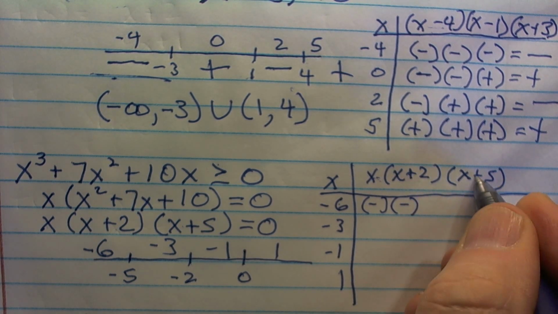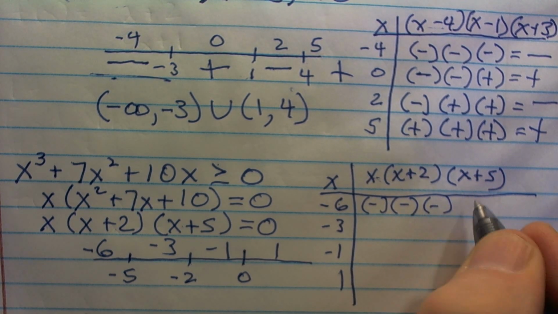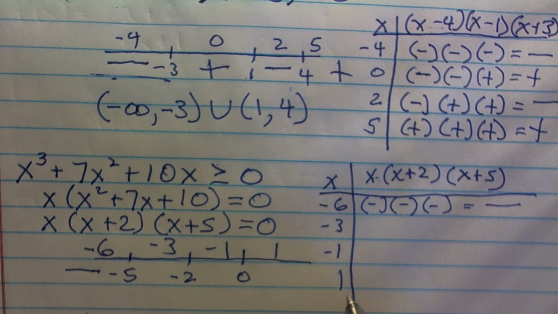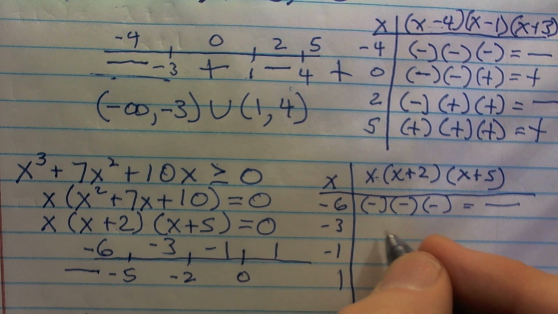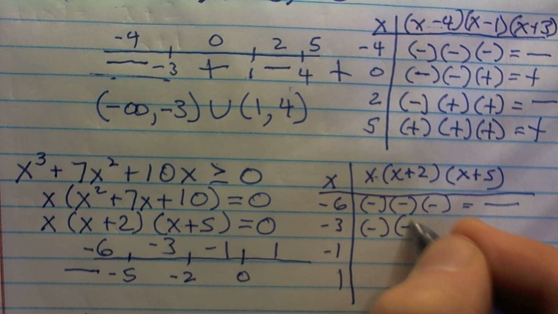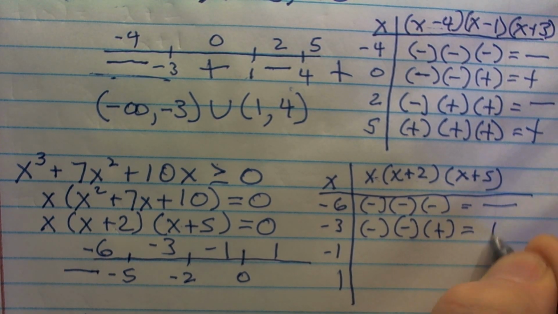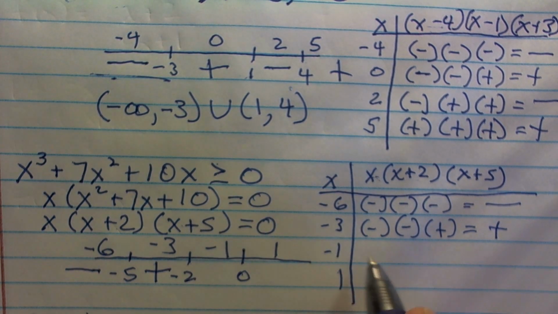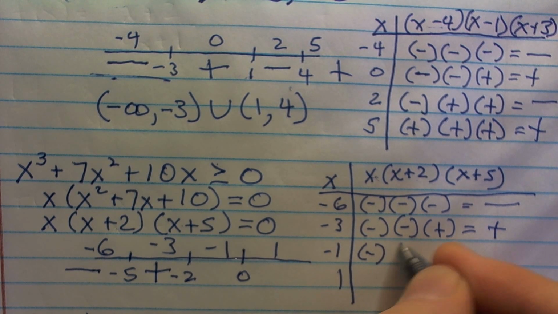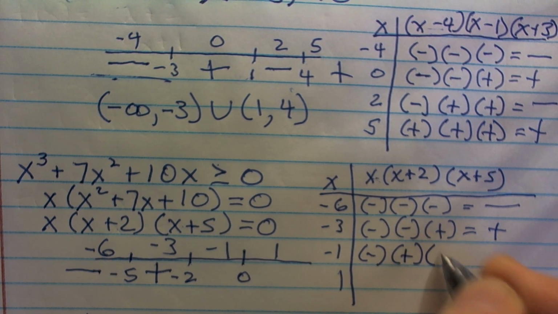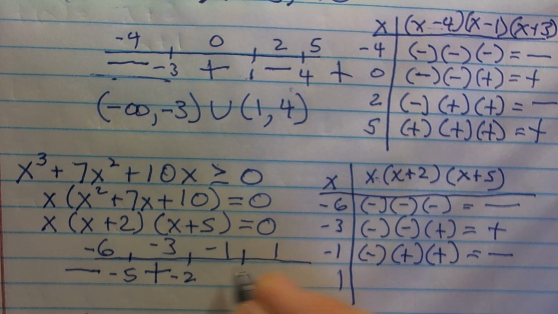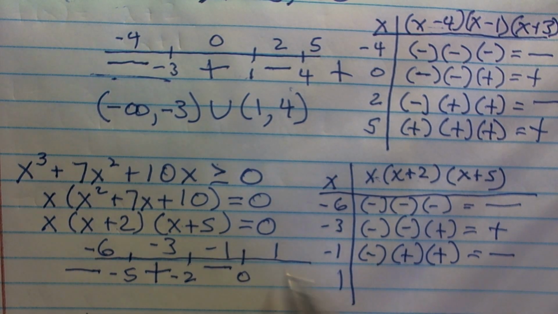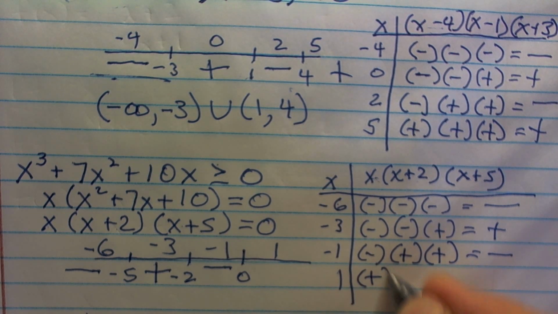This one's negative, and this one's negative. 3 negatives. So it's negative over here. Now, if I put in the negative 3, negative, negative, and positive. That one's positive. Now, if I put in the negative 1, negative, positive, and positive. Negative.